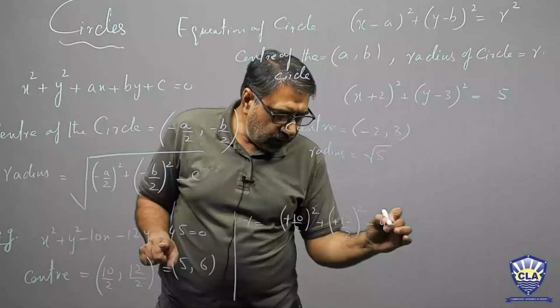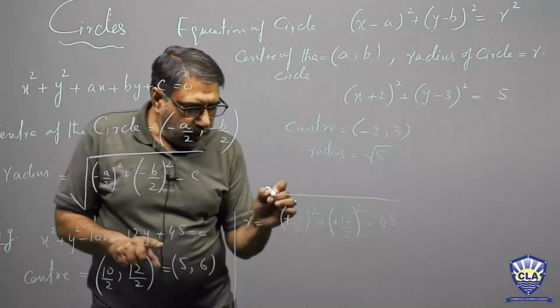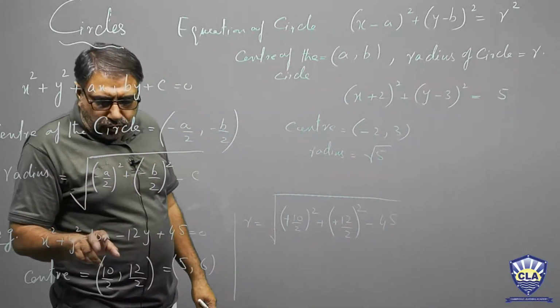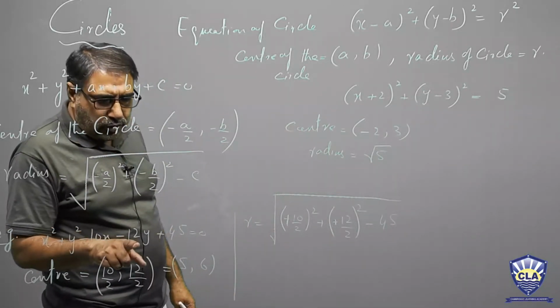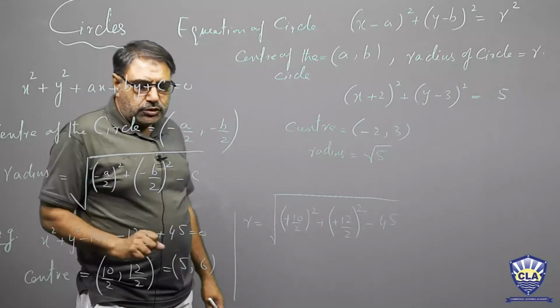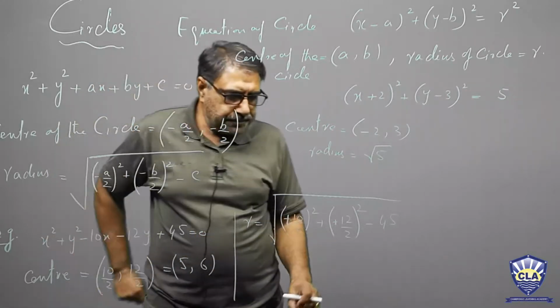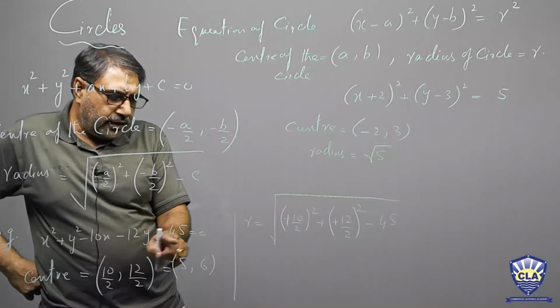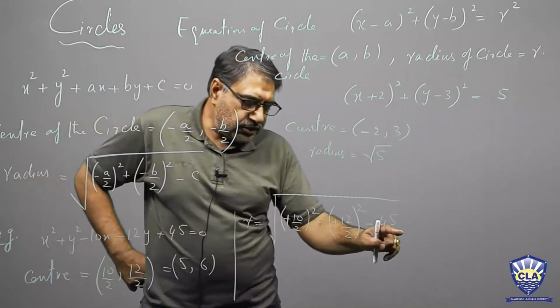Change the sign of a, b and c: (a over 2) whole square, (b over 2) whole square, and c without square. Change the sign of coefficient of x, coefficient of y, and c. All the signs are changed.